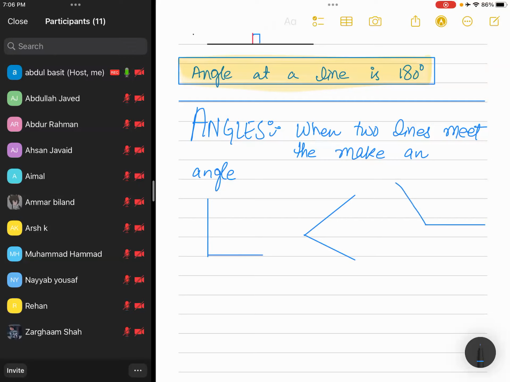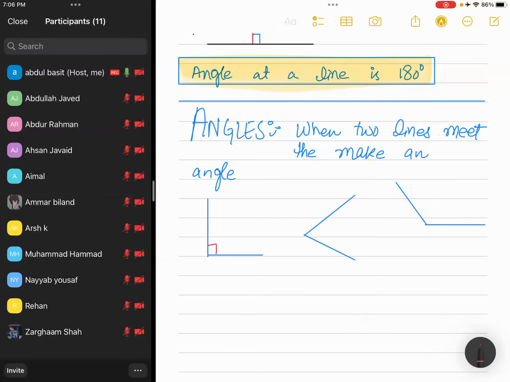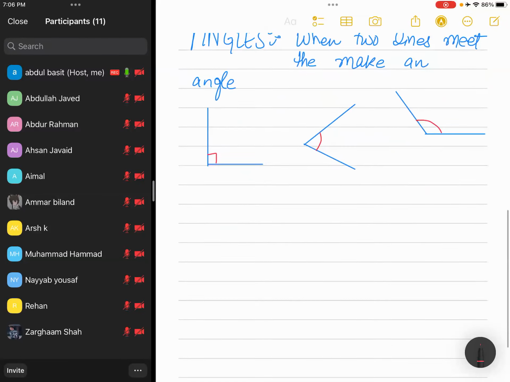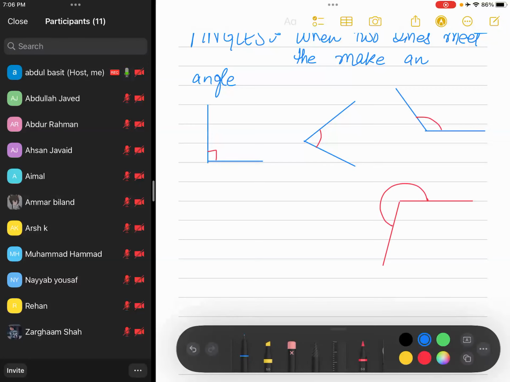See, two lines are meeting each other. So these are called as angles. Like for example, this is 90. It must be less than 90. It is greater than 90. And we can also have one more angle like that to show. See, that is also angle. We have four types of angles in maths.